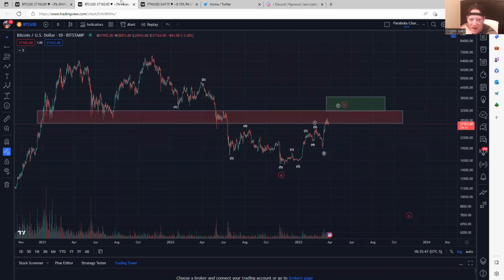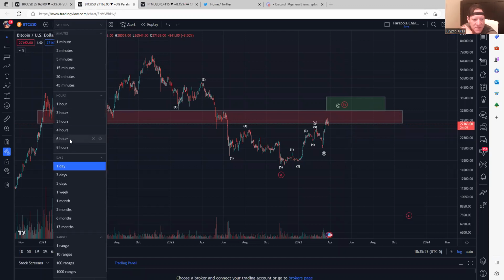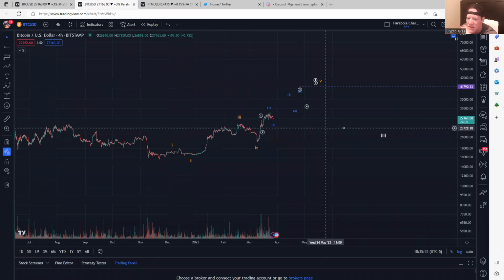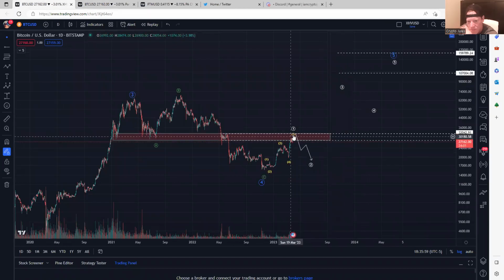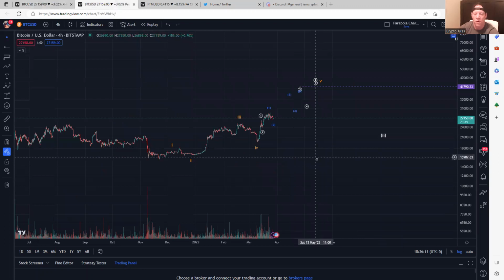And my counts either way have us breaking above that zone and then really coming back down and retesting it, or possibly being rejected at the very top end of it and then coming down. But ultimately, I believe my primary is one of these 2 counts, which is this one or this 1, 2, 1, 2 in the final 5th wave.